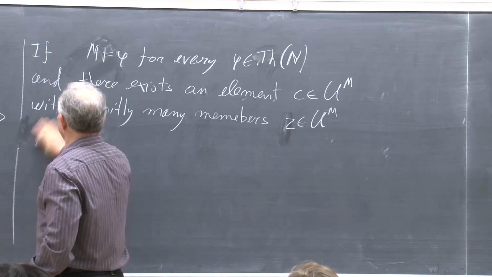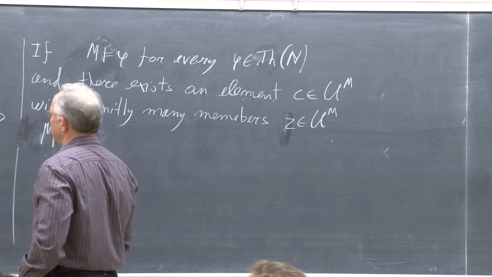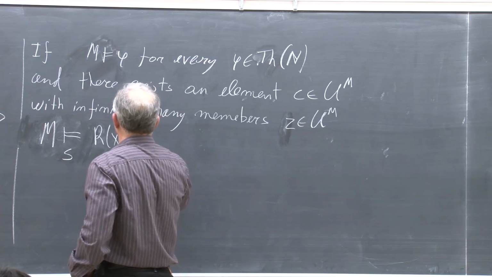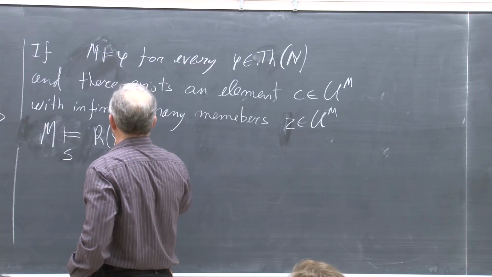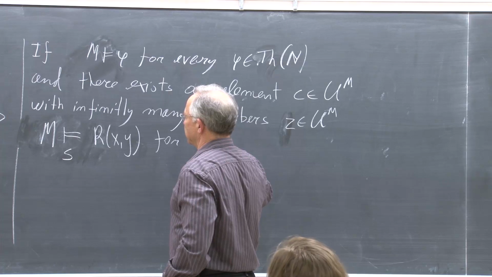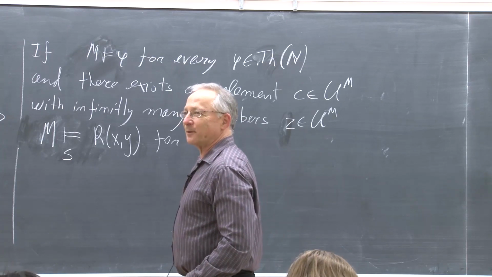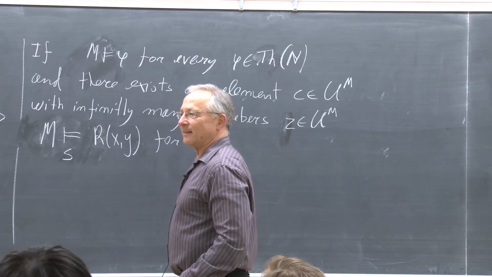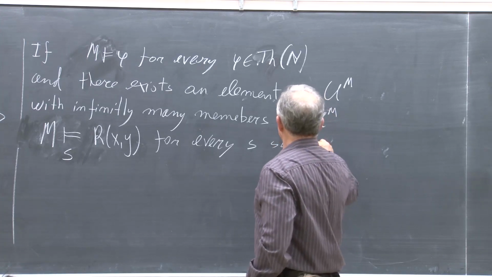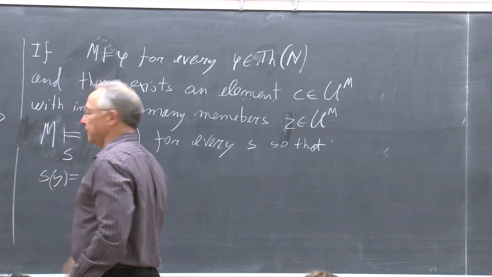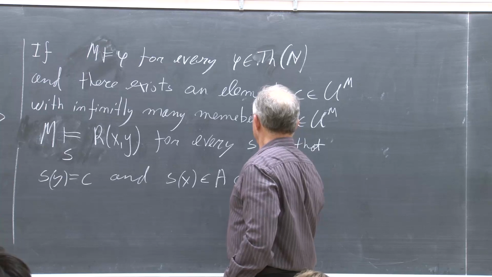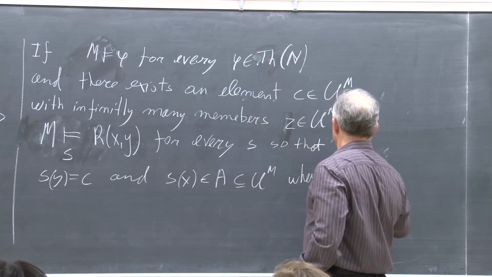That is, if we want to be precise, M satisfies R X Y for every S assigning S of Y equals C and S of X belongs to some A subset of U of M where A is infinite.